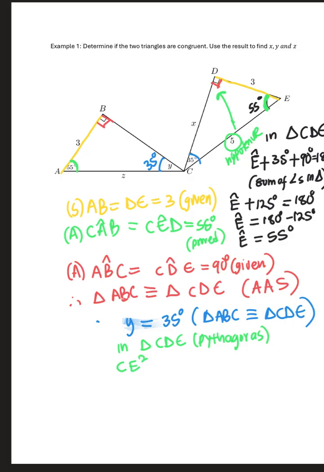So then we're gonna say CE squared is equal to DC squared plus DE squared, right?